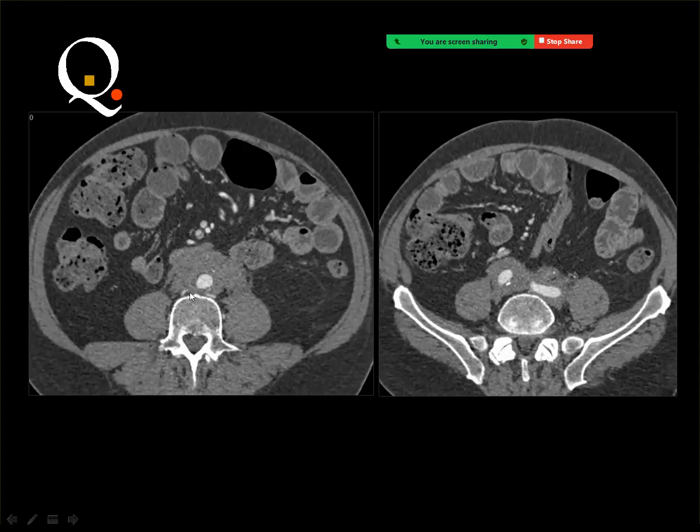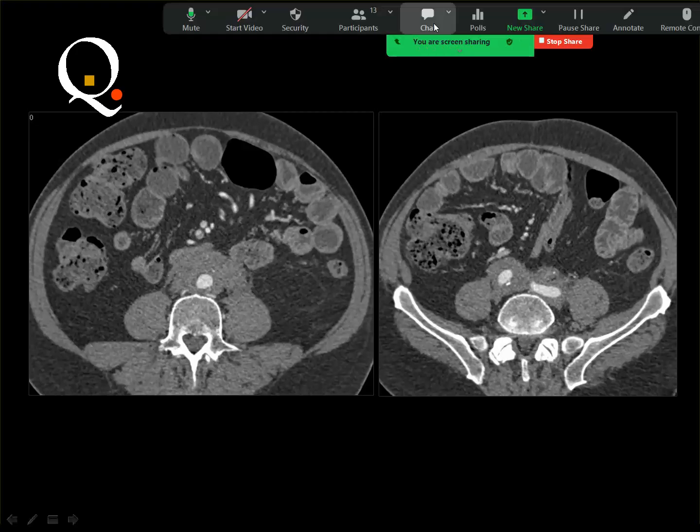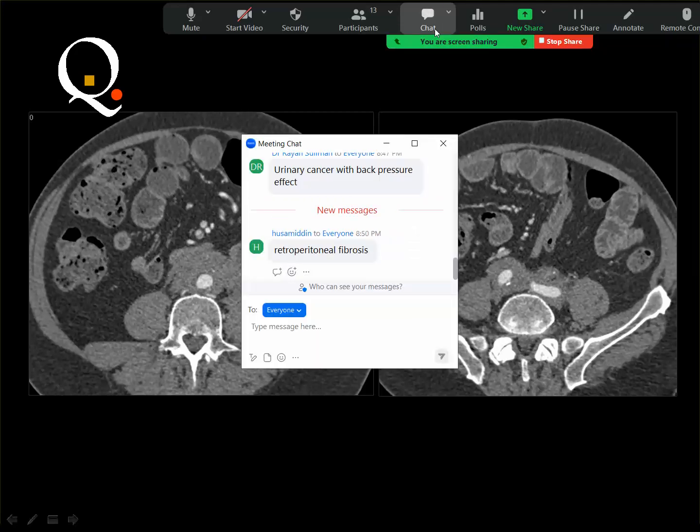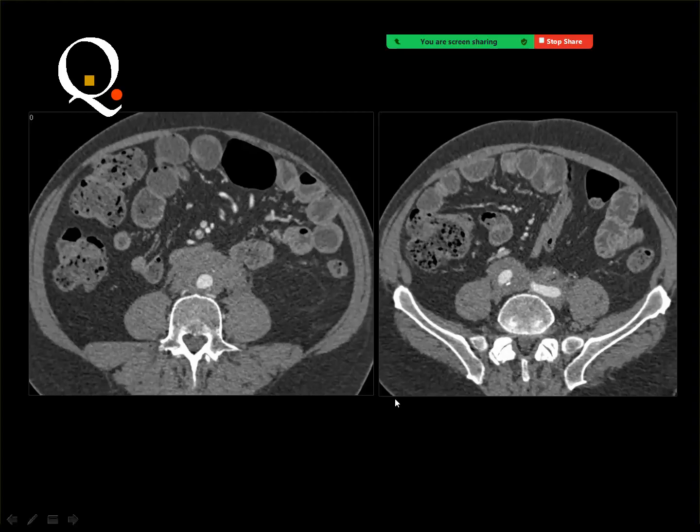Next case is a CT scan after contrast in the region of the aorta and iliac arteries. Yes, and the answer is right.